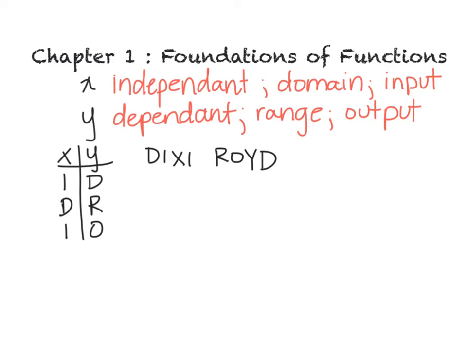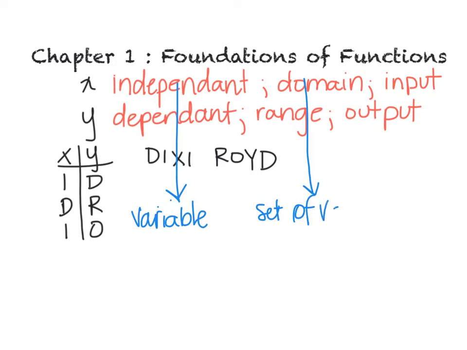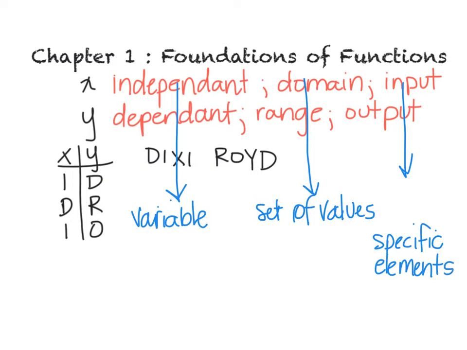Independent and dependent reference the variable. Domain and range reference the set of values. Input and output reference the specific elements that we either input into the function or output out of the function.